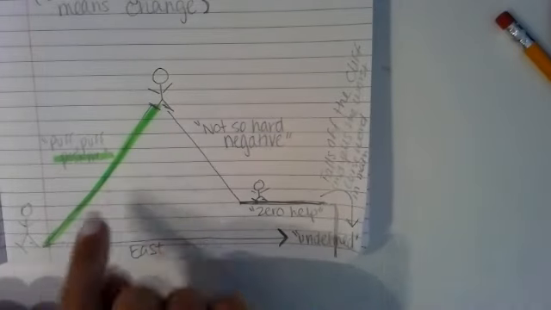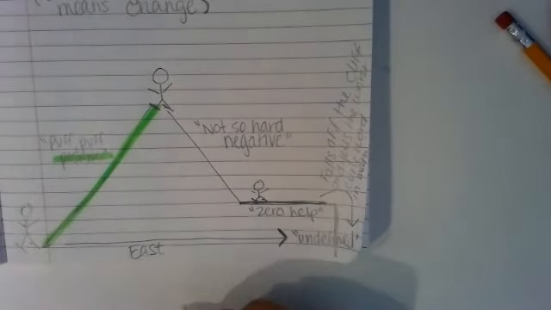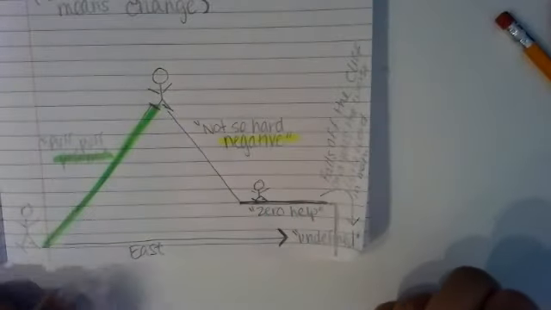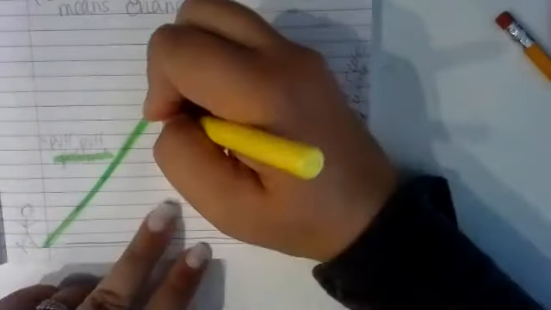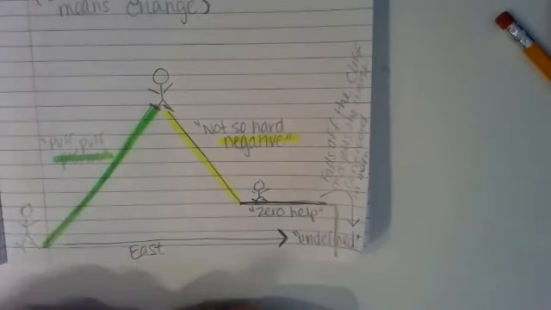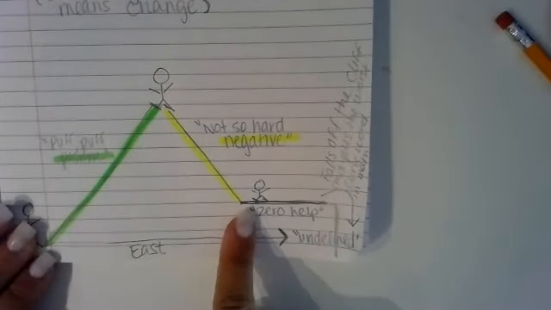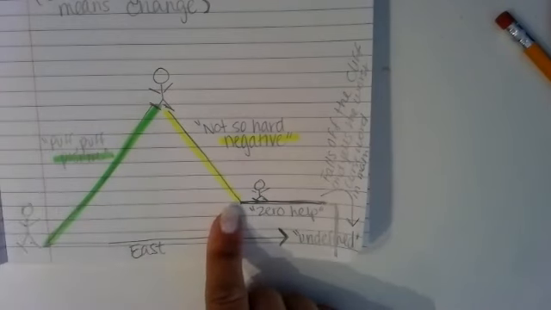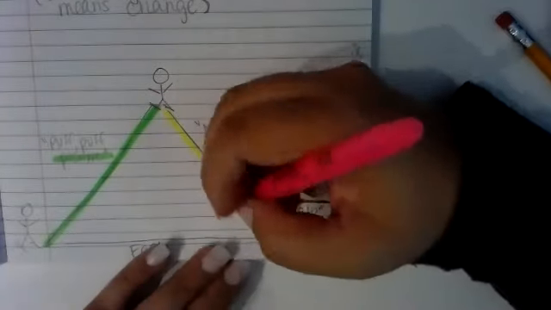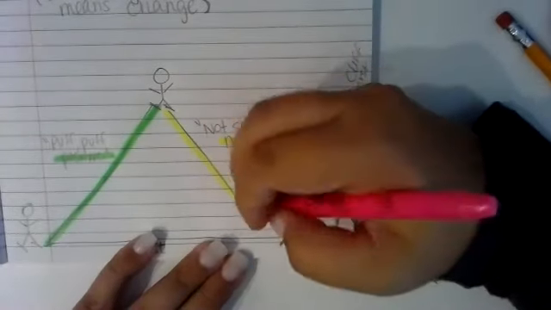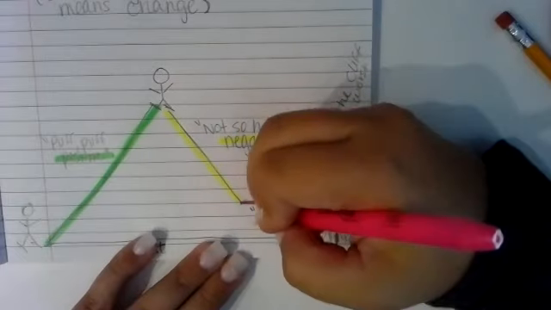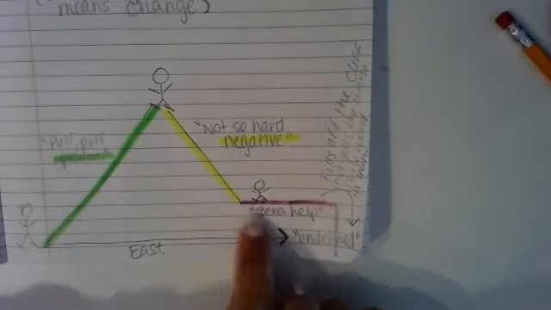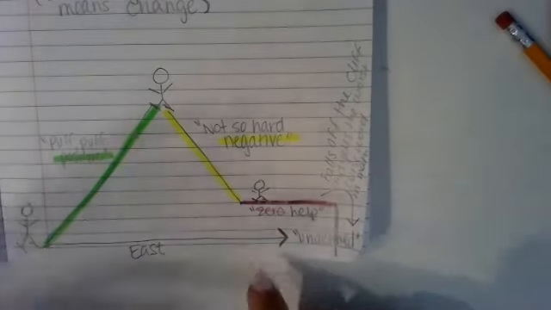Now, when I get to the top of the mountain and I'm going down, that not so hard negative means I'm starting on the left and going down to the right. So if I have something going in this direction, this is a negative slope. My flat land of no help, this right here is my zero slope. If I have a zero slope, I just have a horizontal line.